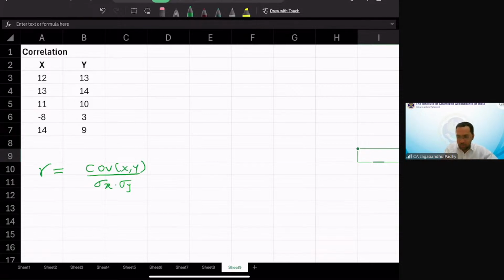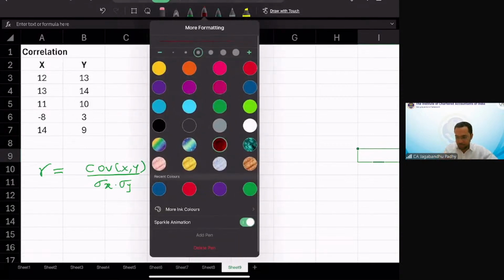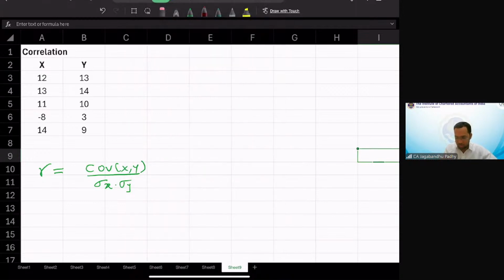By the way, the covariance between x and y is computed as summation of (x minus x bar) into (y minus y bar) upon n.